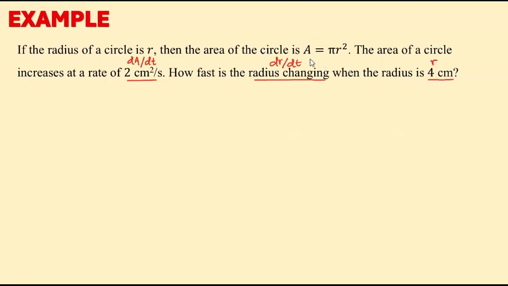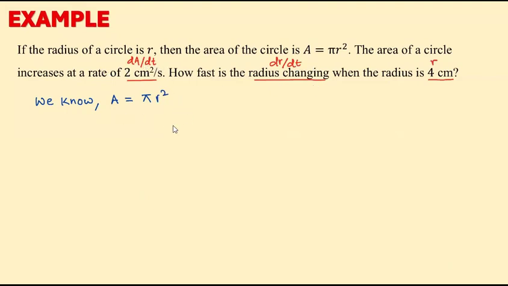Okay, so let's get started with the given formula. If the formula is not given, you'll write it yourself because this is a known formula. So we know the area of circle is equal to pi times r squared. Now, because we are talking about the rate, we need the derivatives with respect to time.